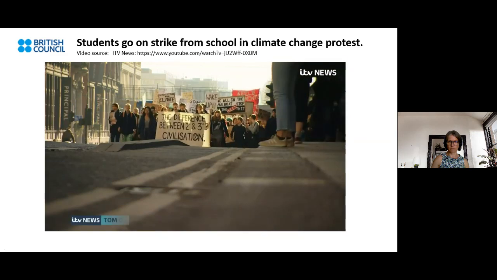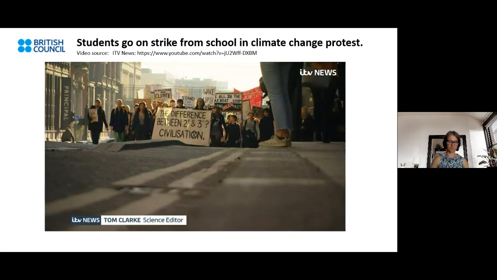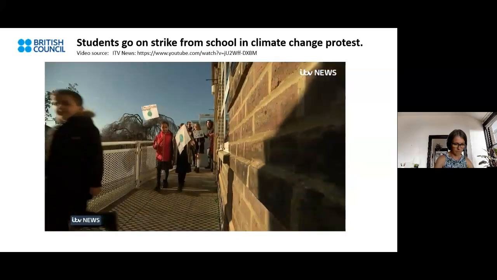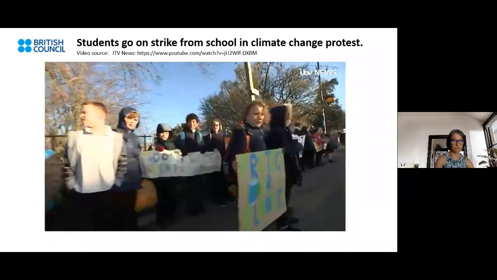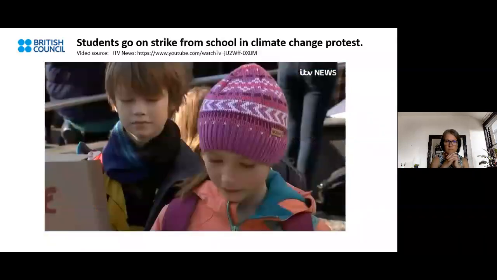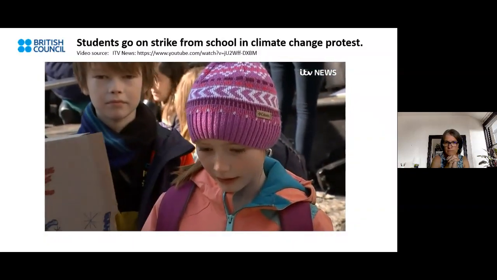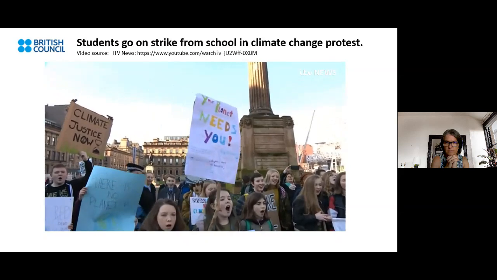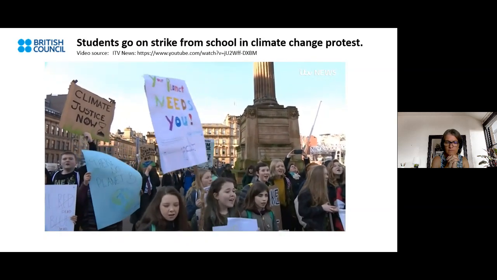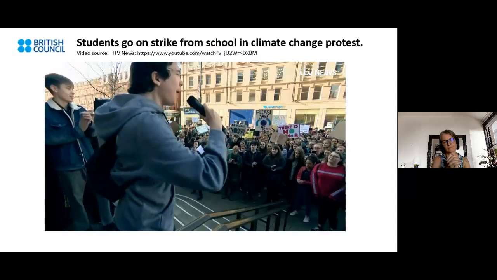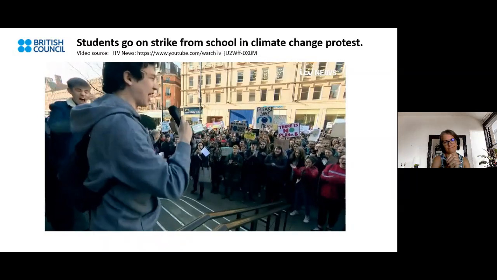Today's lesson, civil disobedience. Great. Here in Manchester and up and down the country, thousands of students from reception to year 13 skipped school to call for action on climate change. Because they want to save the polar bears. They were waving banners in Glasgow. Today we make a change!